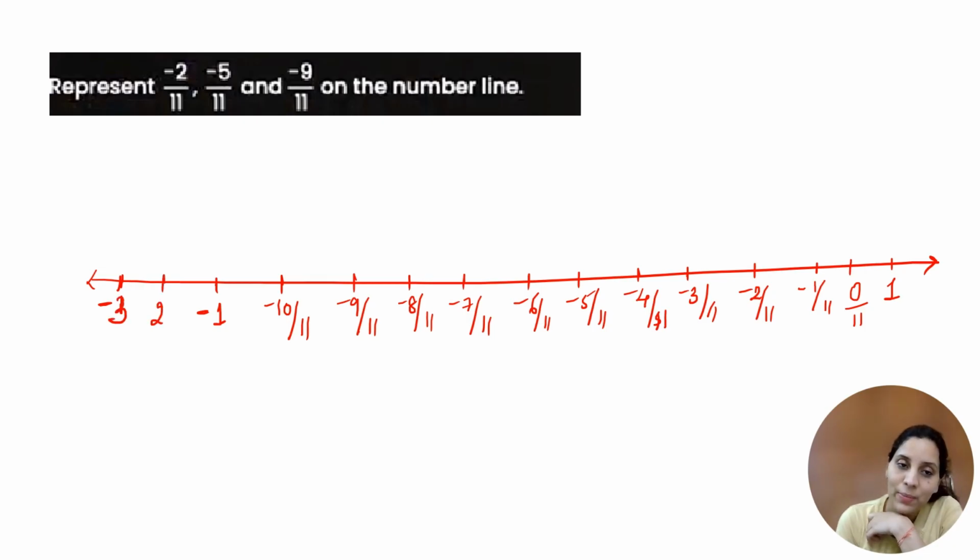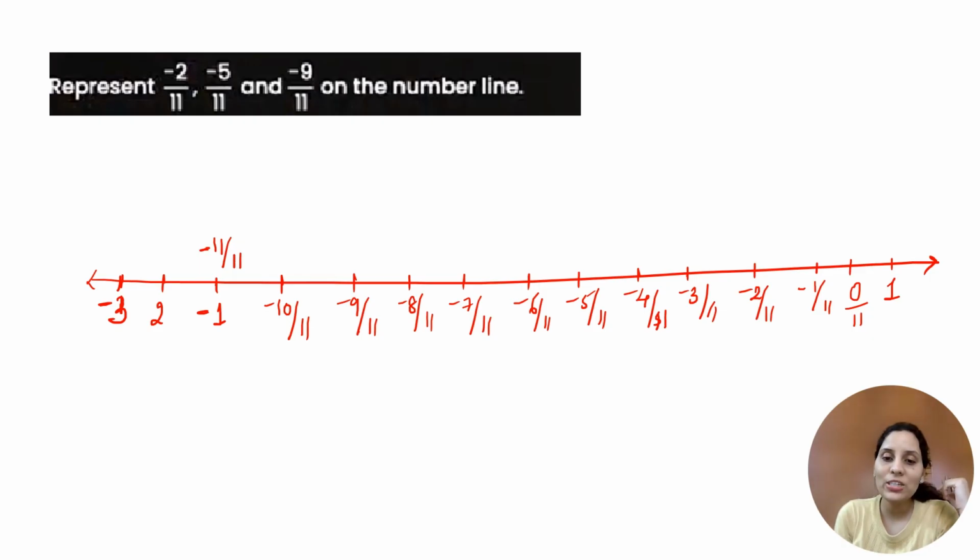Minus 1 because this is minus 11 by 11. So basically here the main thing is you will just focus on denominator. Since my denominator is 11, I am going to divide into 11 parts between 0 to minus 1.